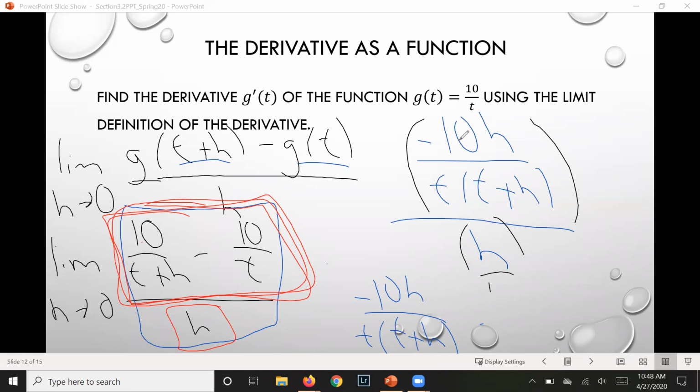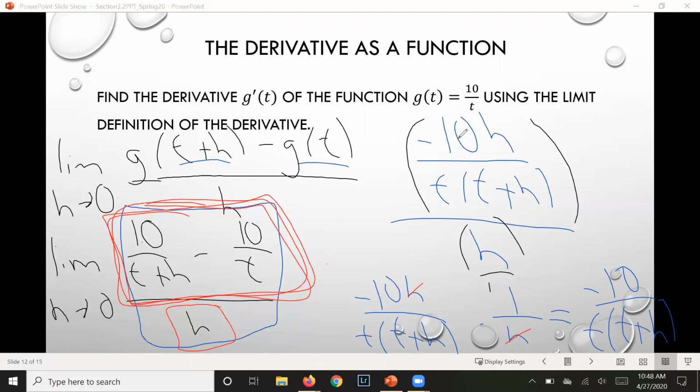So instead of h over 1, it becomes 1 over h. And notice when we do that, the h's can cancel. So we'll end up with negative 10 over t times t plus h.